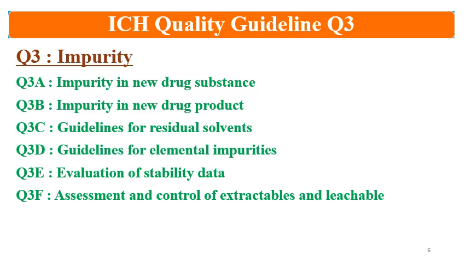Q3C is for the residual solvents. So the limits for the impurities are provided into the impurity quality guidelines. Q3D is for the elemental impurities. Q3E is for the evaluation of stability data, and Q3F is for assessment and control of extractables and leachables.